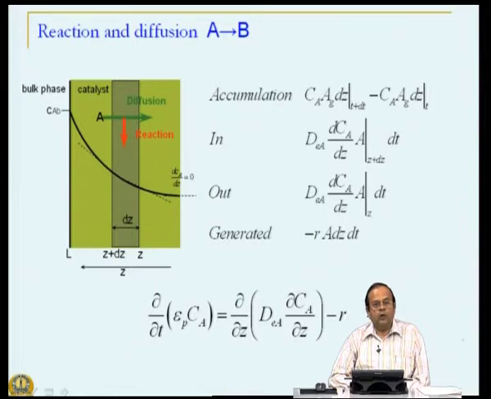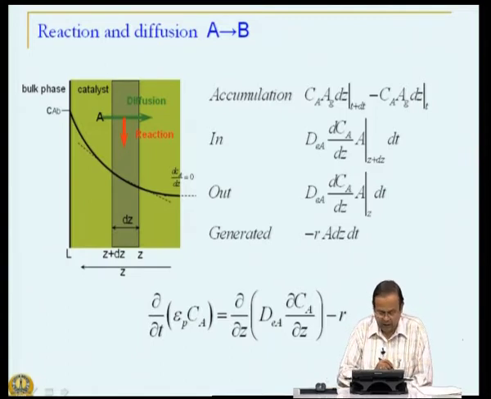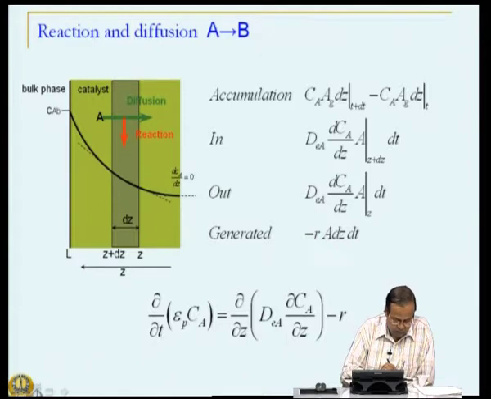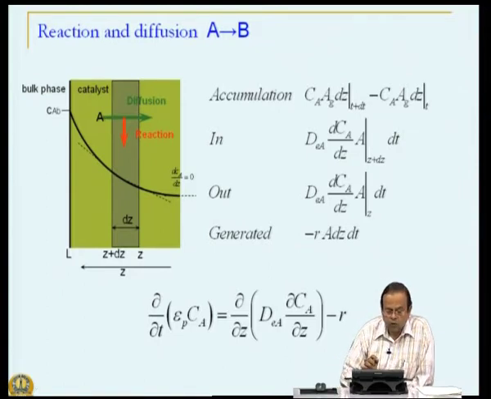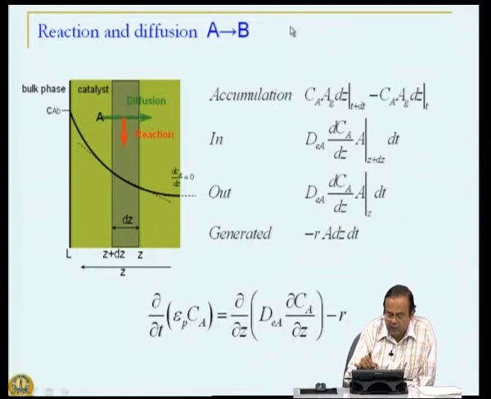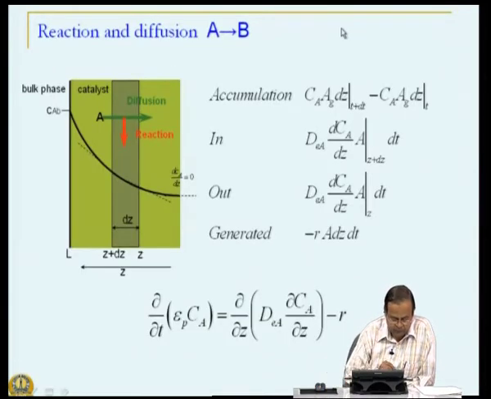So, what we are now going to do is look at a mass balance which is applicable when material is both diffusing and reacting. What we are going to do is consider only a slab geometry to begin with. So, essentially what we are looking at is a slab geometry.